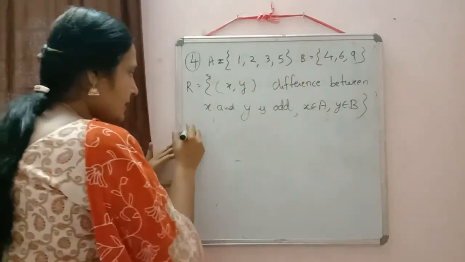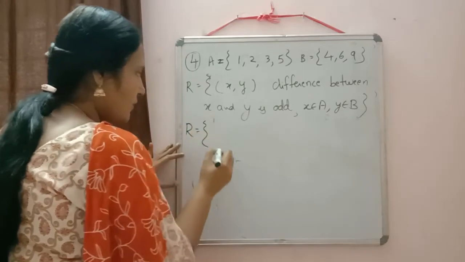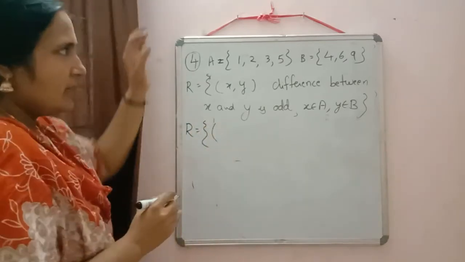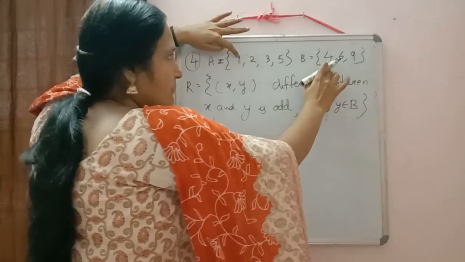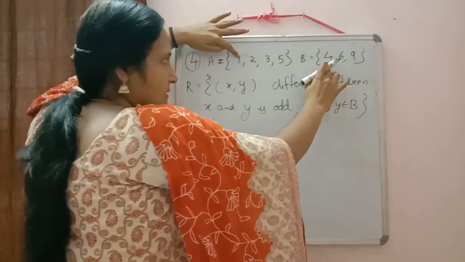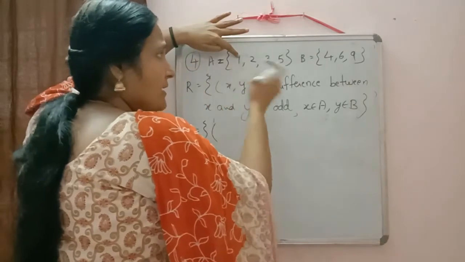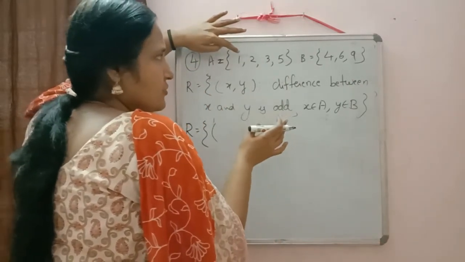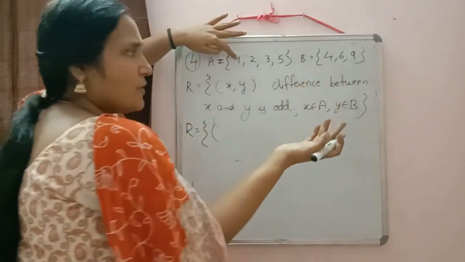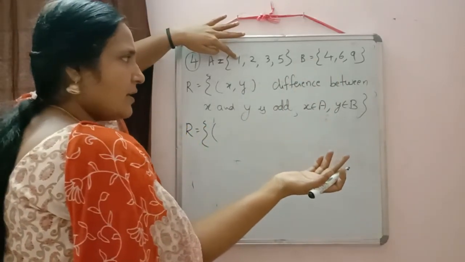So shall I start writing the elements directly? Okay. So first one, 1. 1 minus 4. What will be 1 minus 4? Yes, minus 3, or 4 minus 1. Which one you want? X minus y should be odd or y minus x should be odd. 1 minus 4 is minus 3 and minus 3 is an odd number.